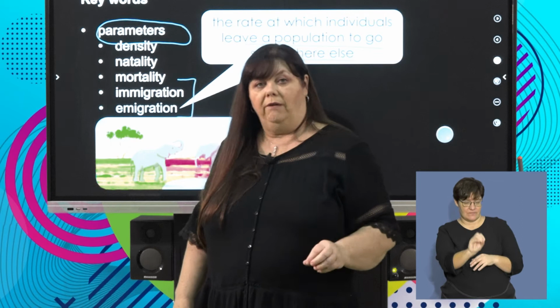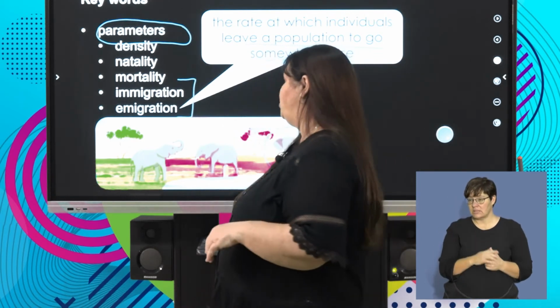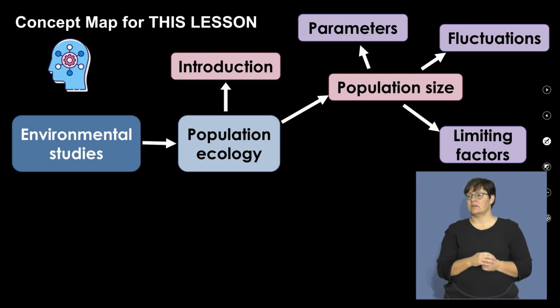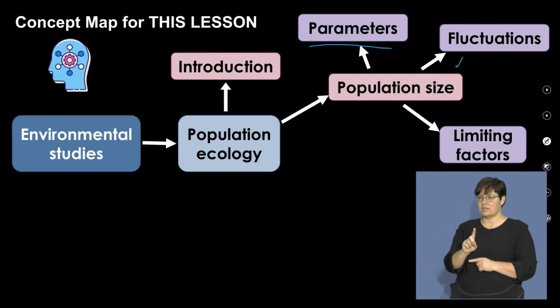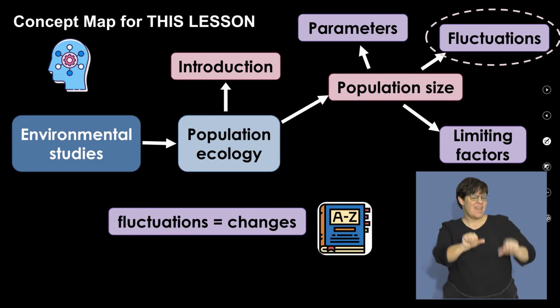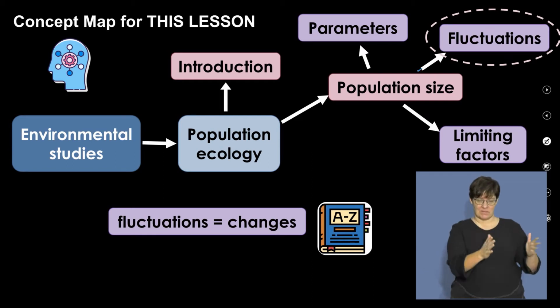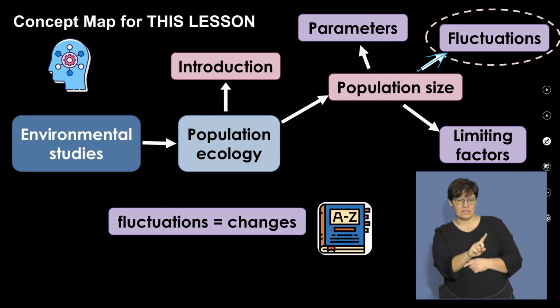So what we've been looking at here are different parameters, different characteristics of the population. What we now need to focus on after parameters is fluctuations. We've looked at parameters of populations. Now we need to look at fluctuations.